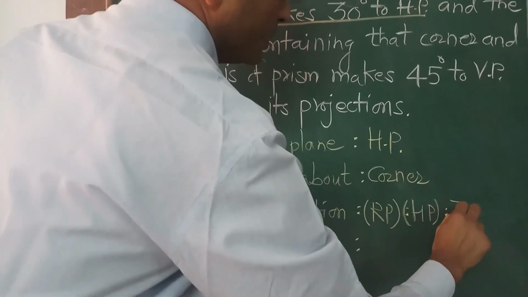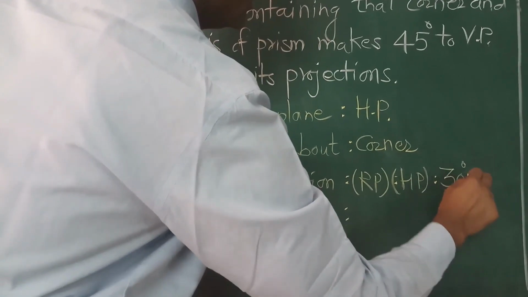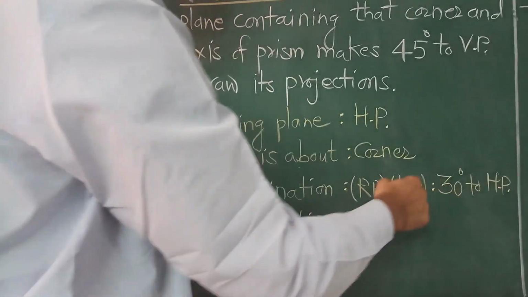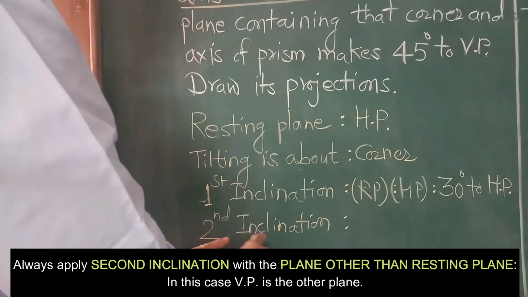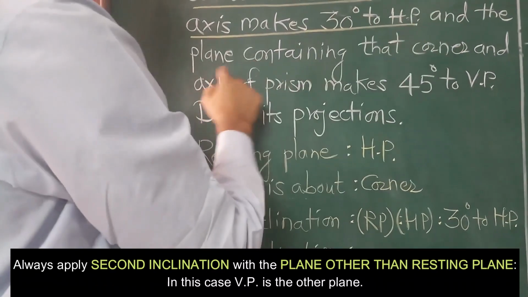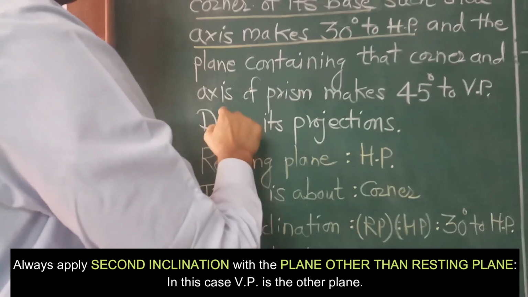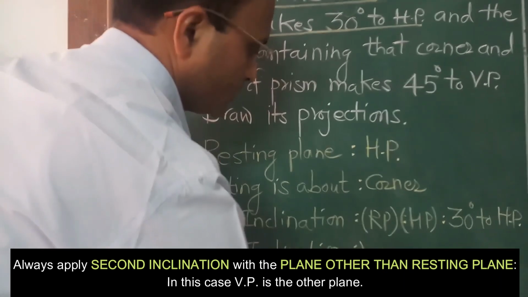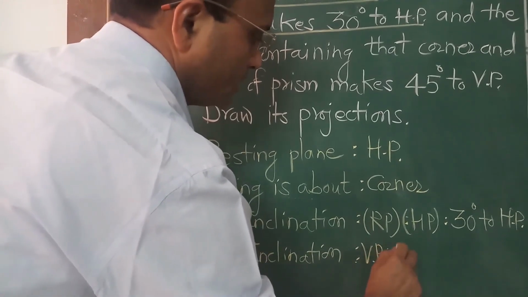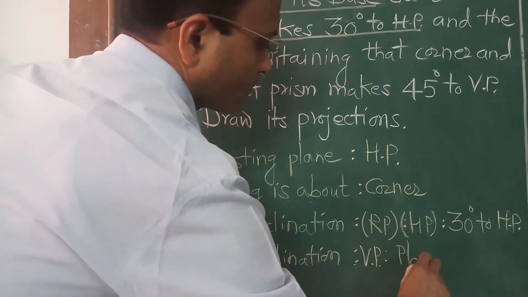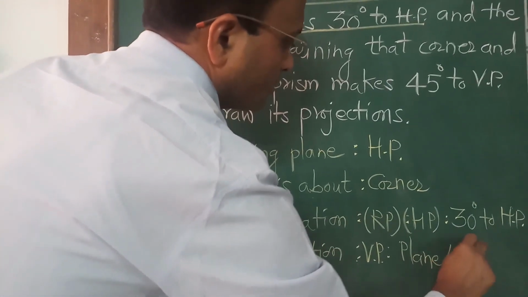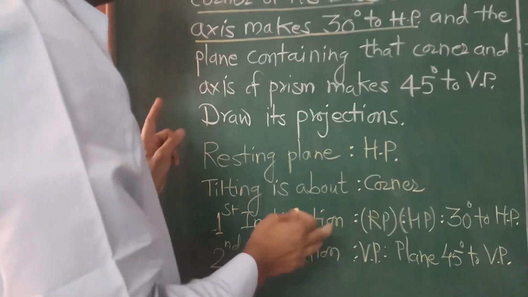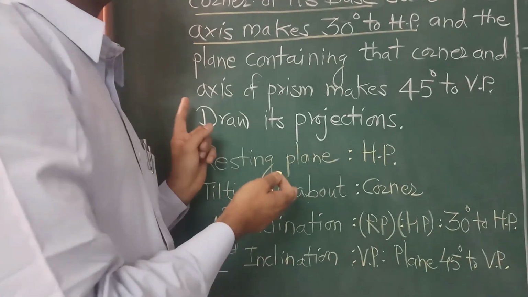So first inclination is of the axis, 30° to HP, and now second inclination is the plane containing that corner and axis makes 45° to VP. So second inclination is with respect to vertical plane, and that is plane making 45° to VP. Let us understand all this first of all with the help of model.